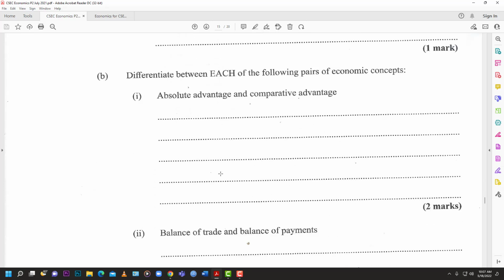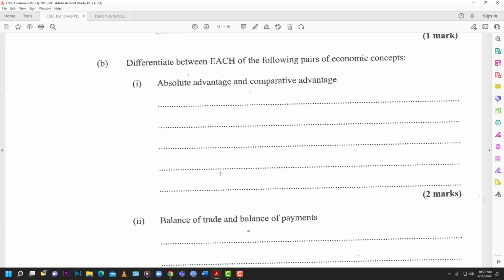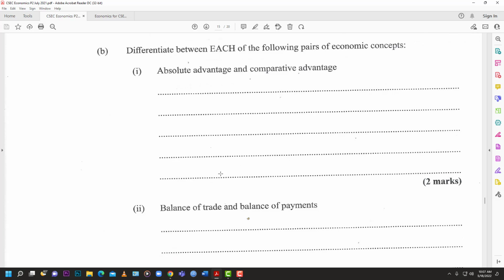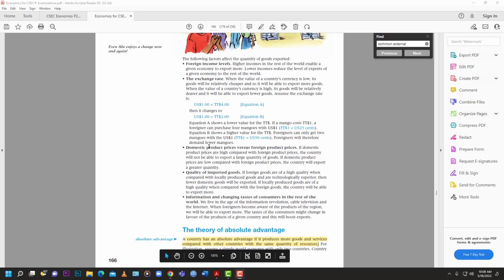Differentiate between each of the following pairs of economic concepts: absolute and comparative advantage, and balance of trade and balance of payments. Absolute advantage simply means that a country can produce more, outright, of a certain good or service with the same amount of resources compared to another country.